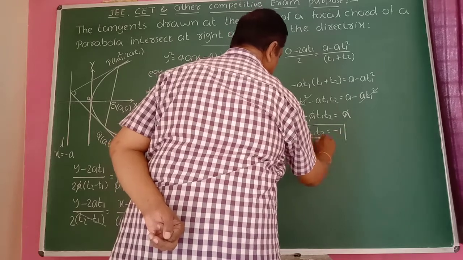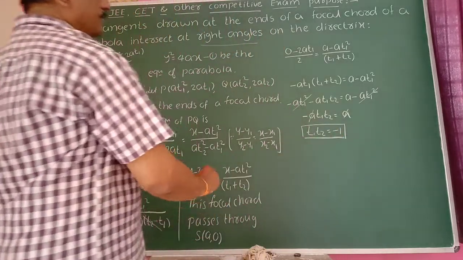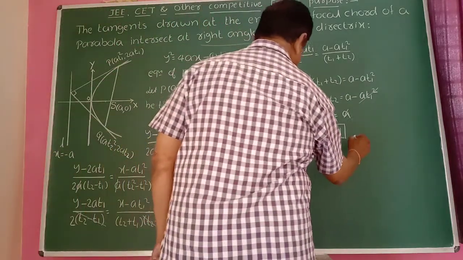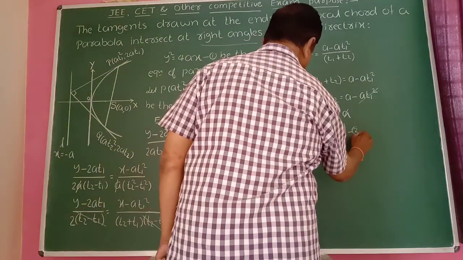So t1 t2 is equal to minus 1. Take this as result number 2.